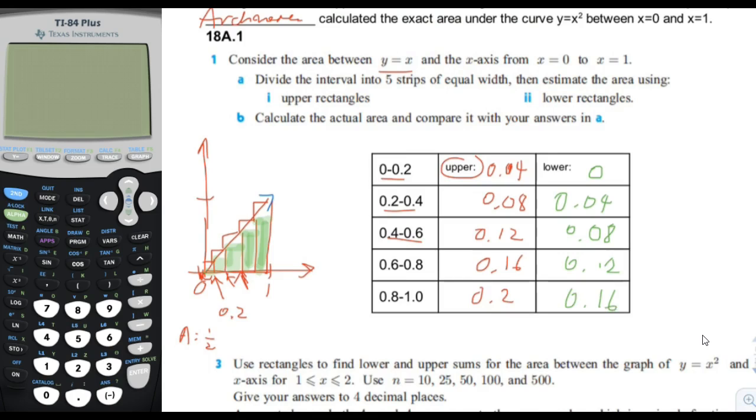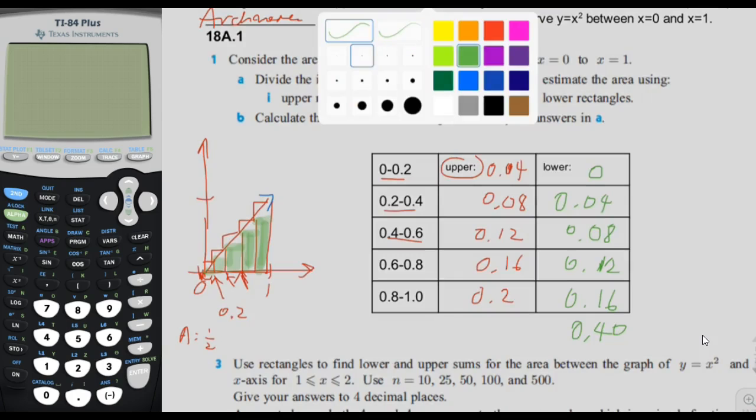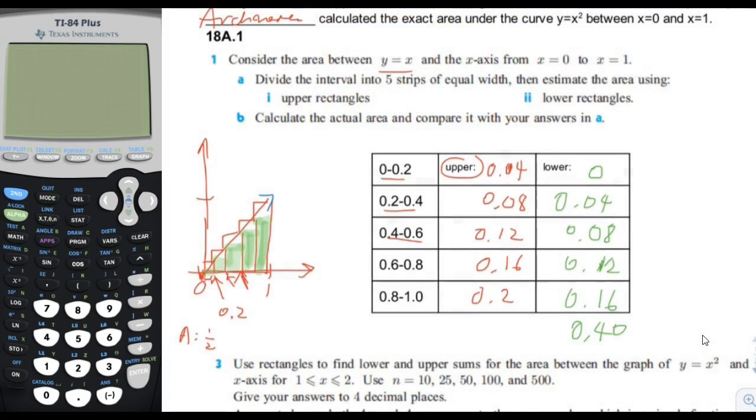Okay, and then we could add these up. This one would be 0.4. And the red one would be 0.6.